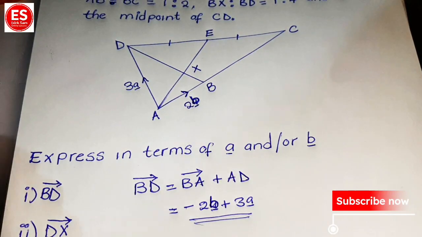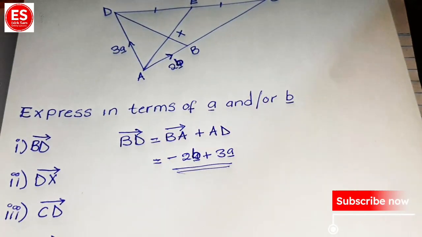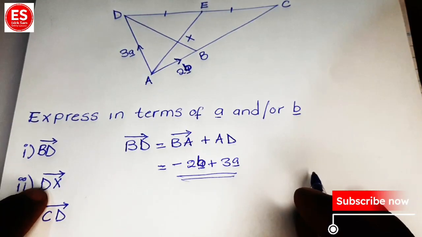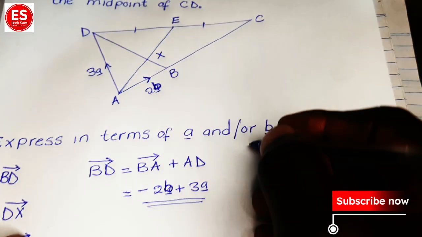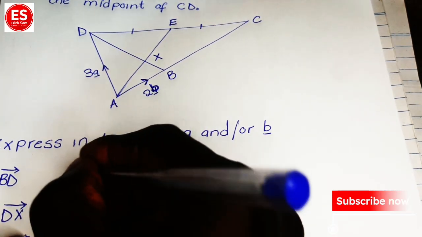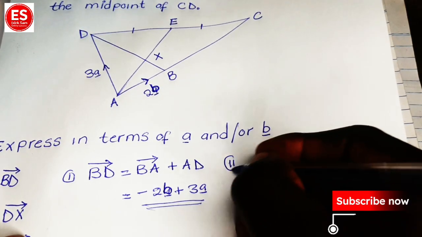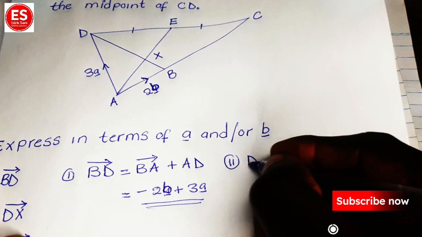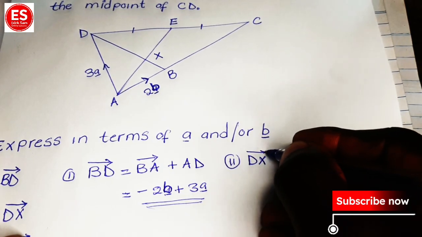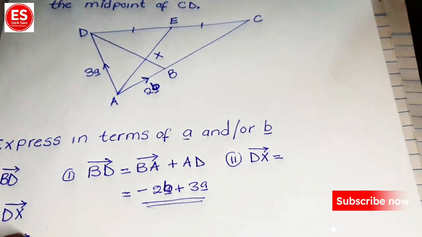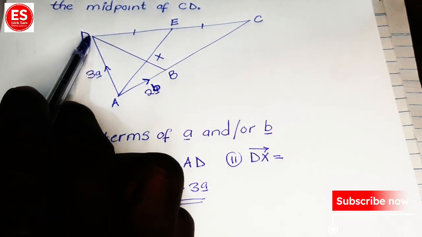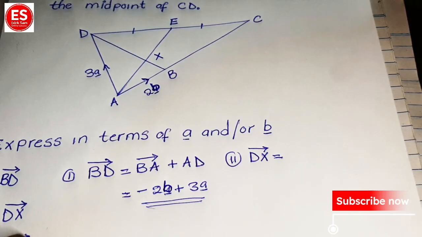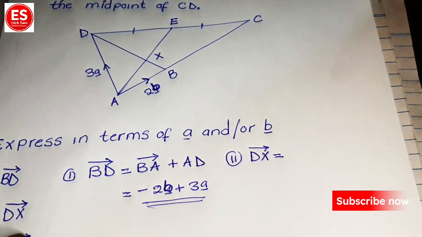Let's go to the next question. If we can use this space here, the next question says D to X. How are we going to move from D to X? The same way, you're going to say D to X is equal to, now if you look at D, you're moving from D to X. You can use two methods here.